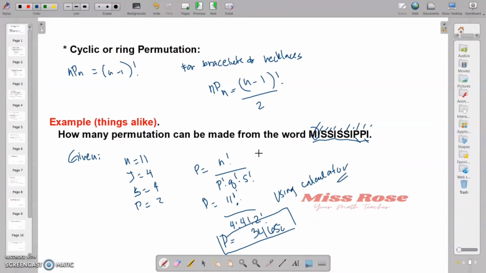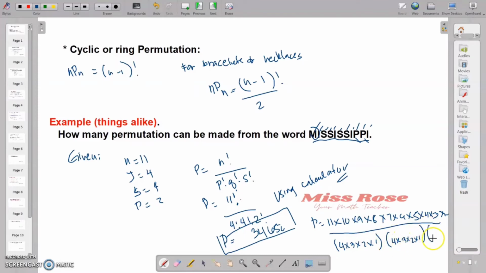Basic naman, so the permutation of 11 equals 11 times 10 times 9 times 8 times 7 times 6 times 5 times 4 times 3 times 2 times 1, over 4 times 3 times 2 times 1, 4 times 3 times 2 times 1, and 2 times 1.